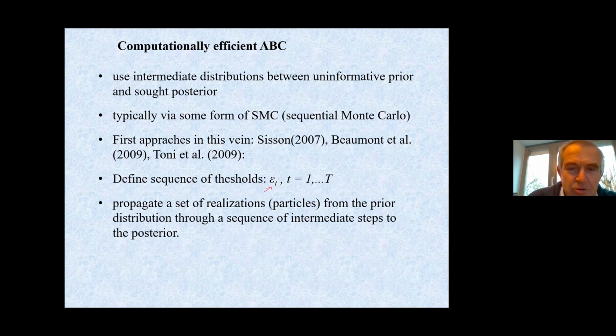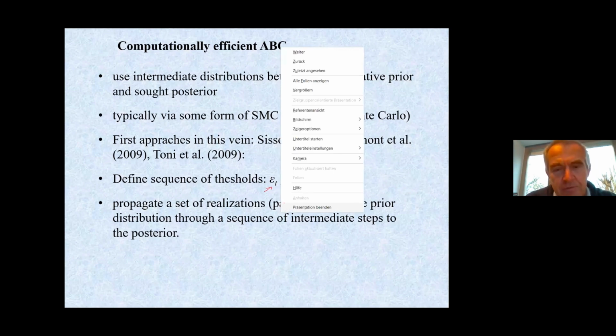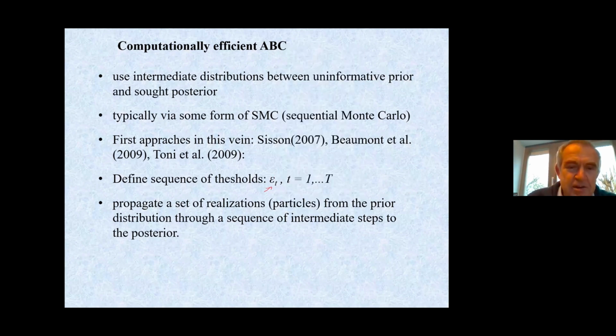And in every round, you decrease epsilon t, and you propagate a set of realizations or particles for the parameters from the prior distribution through these intermediate steps to the posterior, which typically should be, and I'm going to show you simulations of that, much more computationally efficient than the naive approach. So it is the baseline ABC typically combined with a baseline sequential Monte Carlo approach.